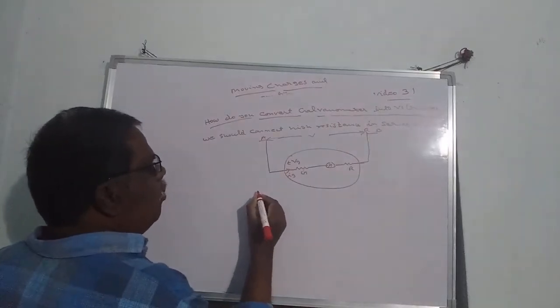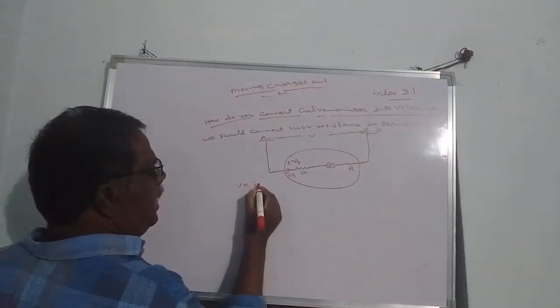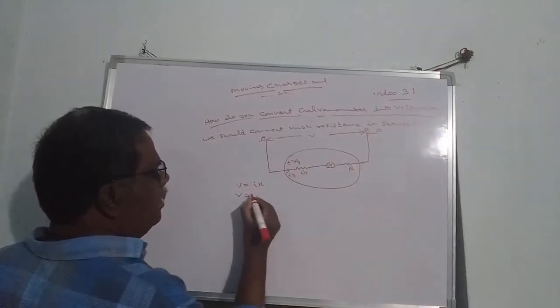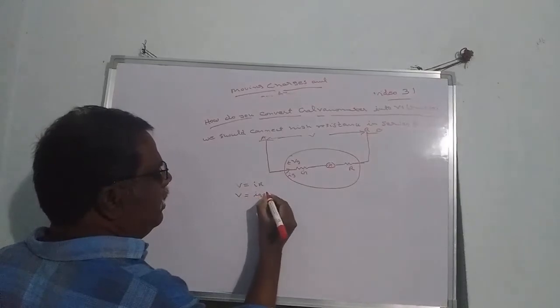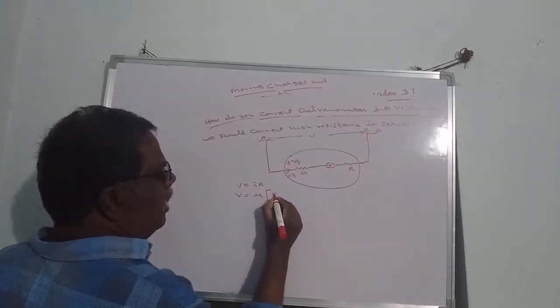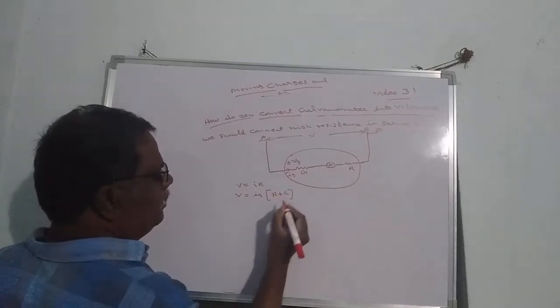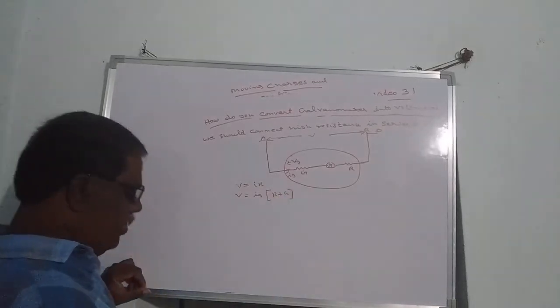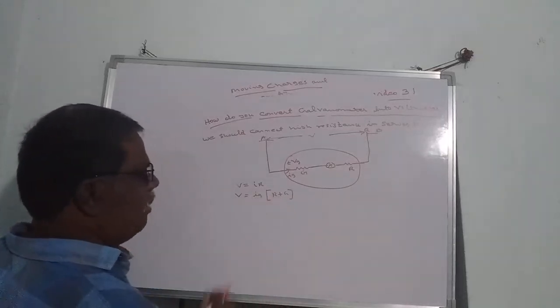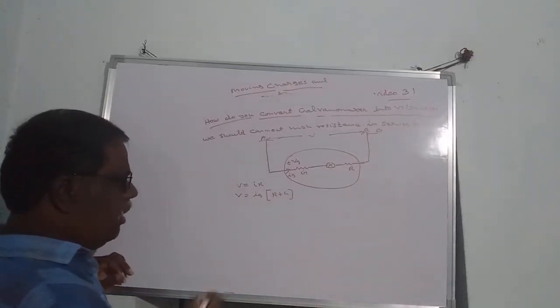From Ohm's law, V is equal to IR. Here V is equal to Ig into (R plus G). This is from Ohm's law, the potential drop.